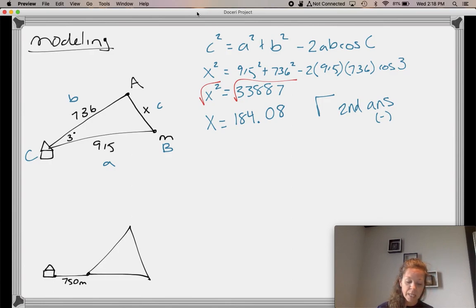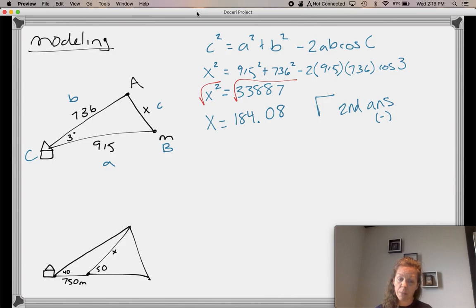And if they stand at their house and look up to the peak of the mountain, they have a 40-degree angle of elevation. And they know that the slope of the mountain is a 50-degree angle of elevation. What they want to know is how long is the hike up the mountain. Okay, so this is our problem.